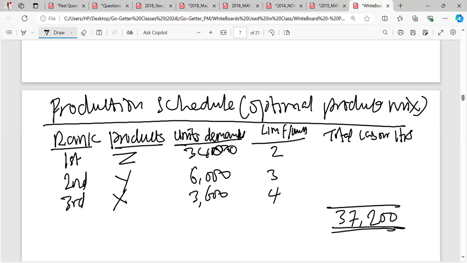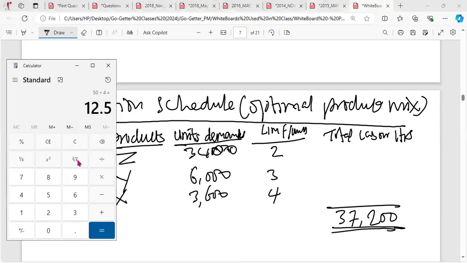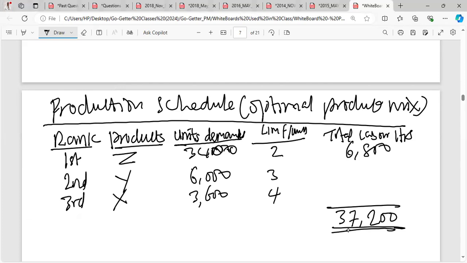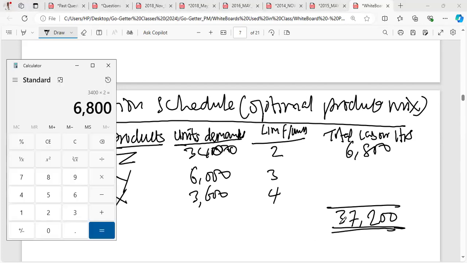So we'll now check. We have for Z 3,400 multiplied by 2. That will give me 6,800, right? Now, we have a total of 37,200 to fulfill. If we remove 6,800 from 37,200, we are left with 30,400. No problem.